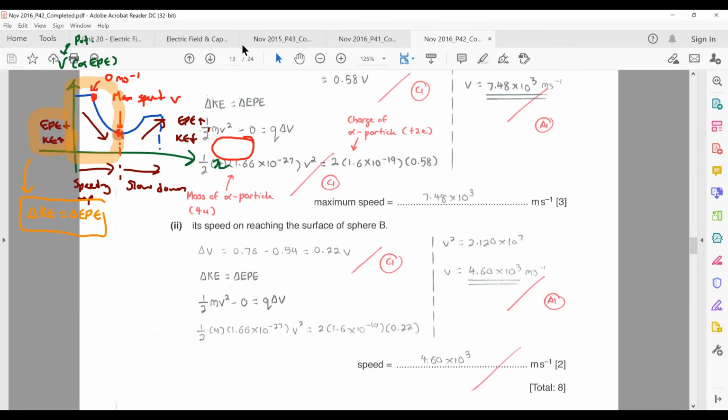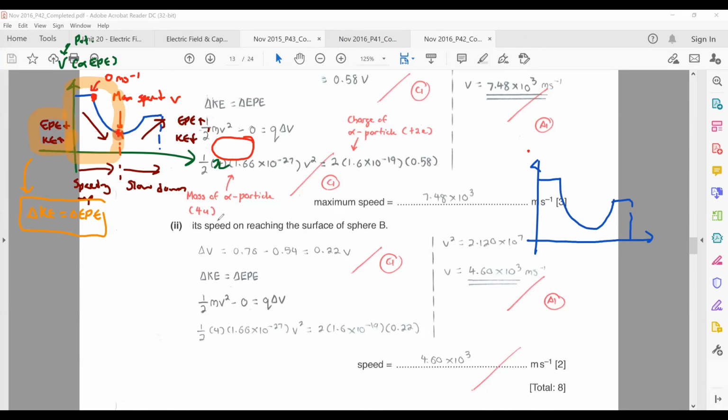Now your graph originally looked like this. This is how it looked just now.